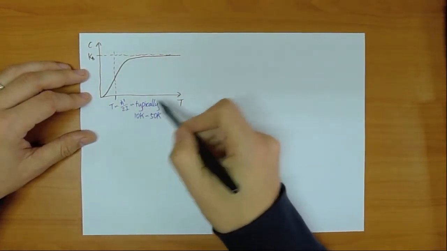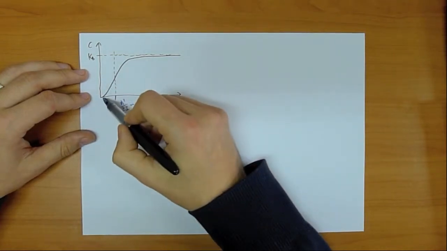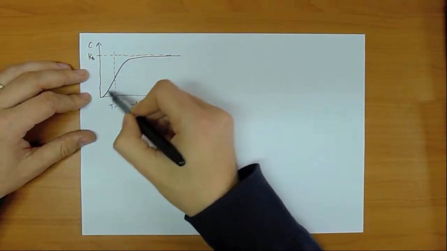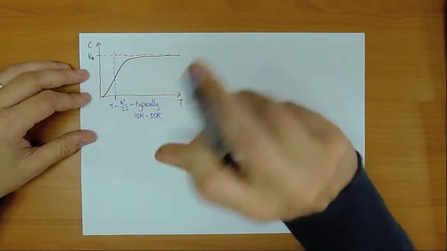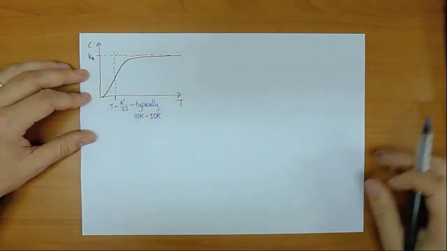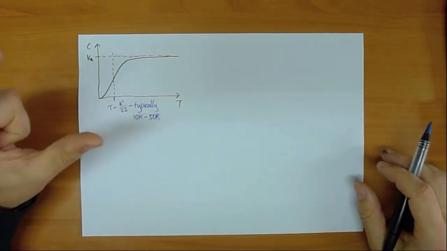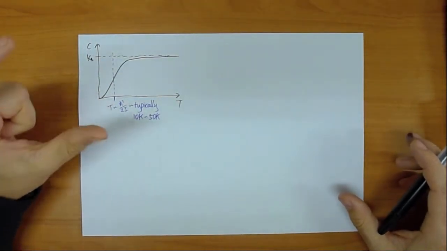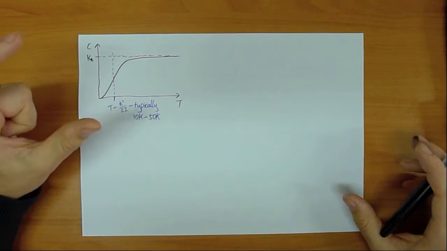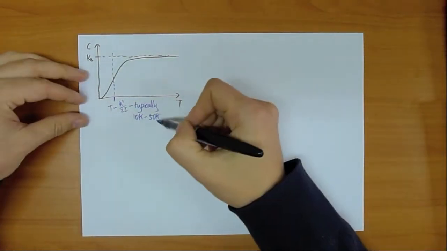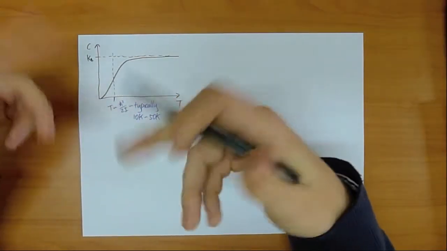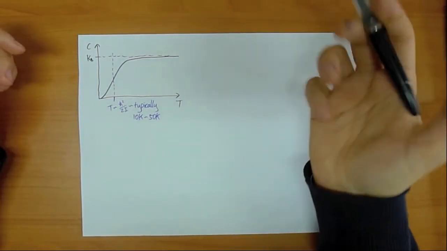So somewhere between 10 and 50 Kelvin you'll start to see this contribution to heat capacity from the rotational modes. In other words, at temperatures much less than 10 Kelvin, the molecules are all in the rotational ground state, they're not rotating, but at temperatures much more than this you have a very large range of rotational kinetic energies.